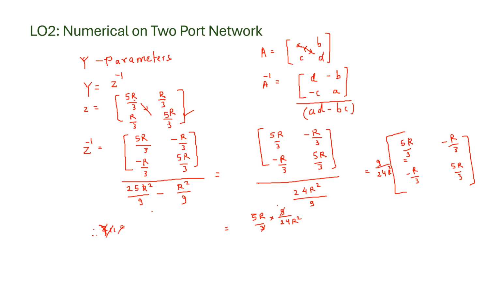This will get cancelled, so you will get 5 divided by 8R in the bracket.